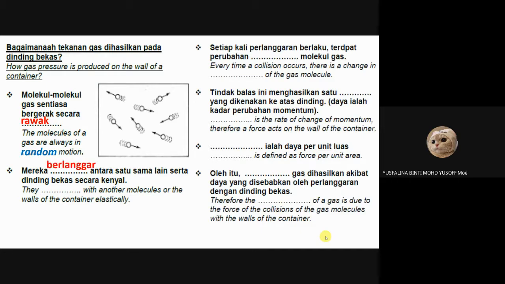They collide with other molecules or the wall elastically. Every time a collision occurs, there is a change in momentum of the gas molecule. Every time it hits the wall, there will be a change of momentum.